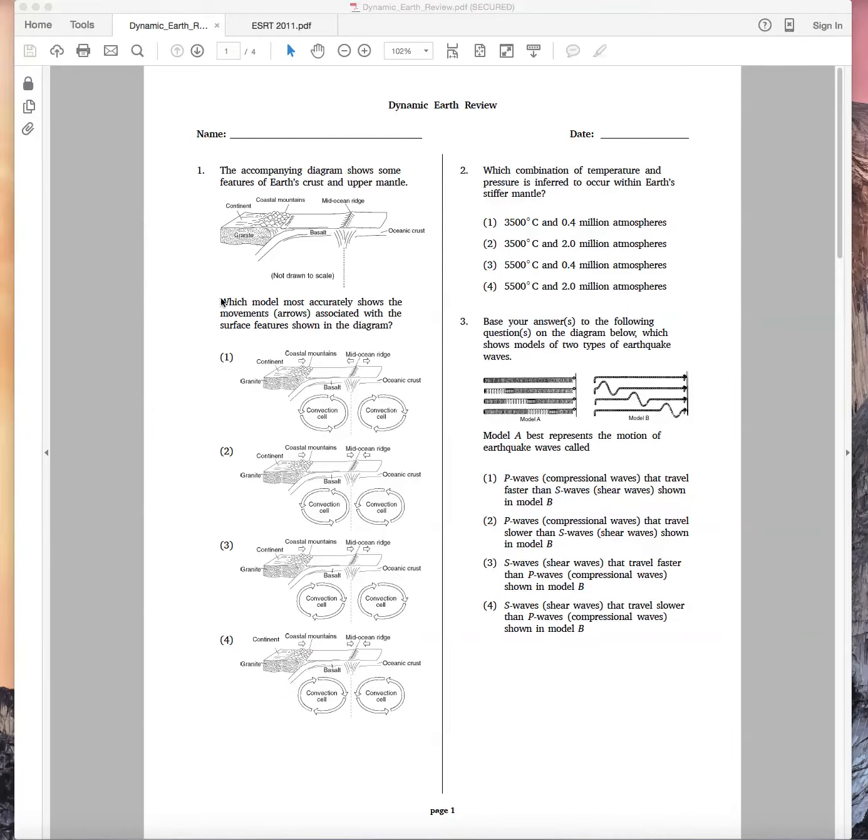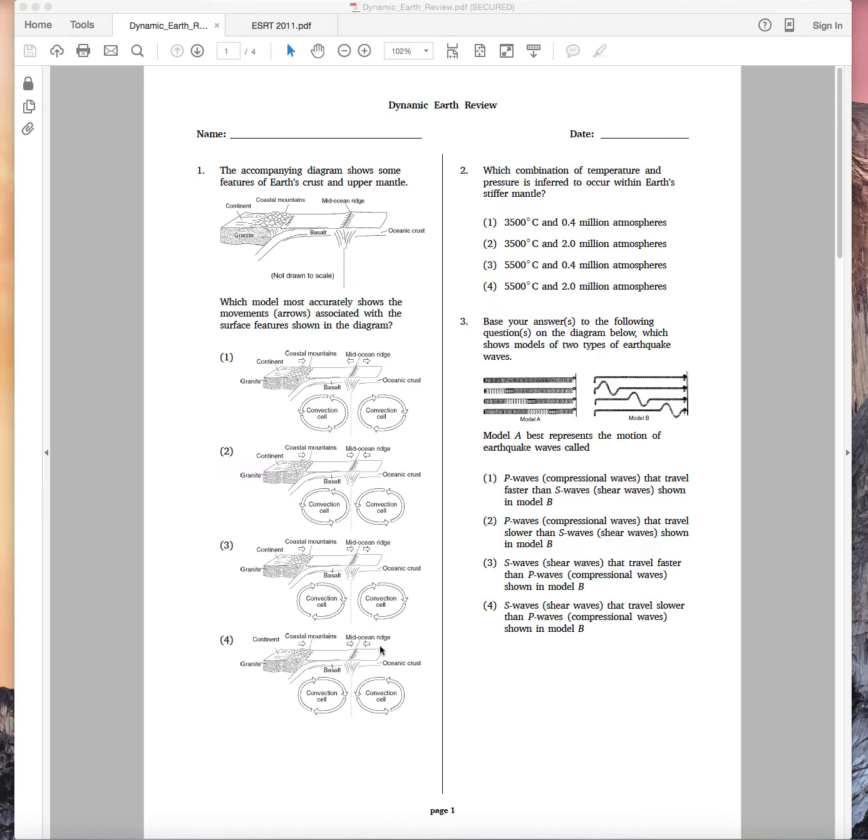All right, going back to the question. Let's look at these choices. Let's look at these arrows. At the mid-ocean ridge, you have two arrows moving apart. Choice two has arrows coming together. That's a no-no at the ridge. Choice three, they're moving in the same direction, which should not be at the ridge.